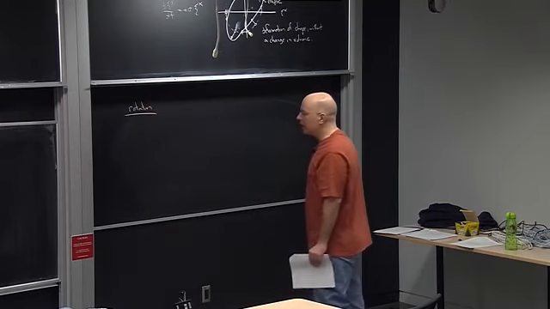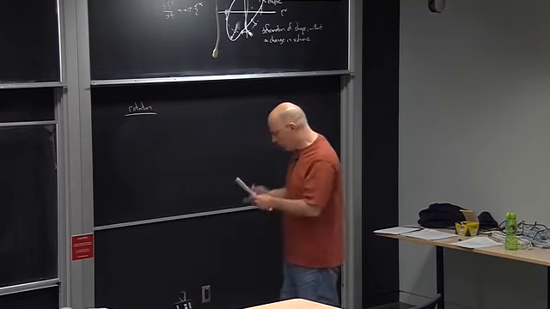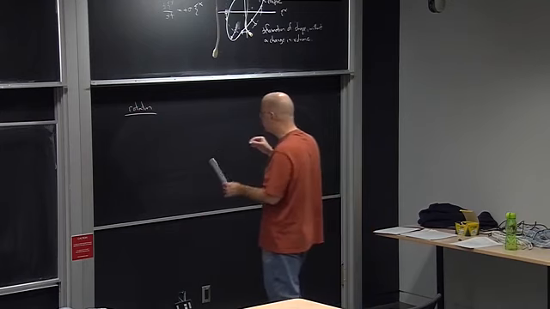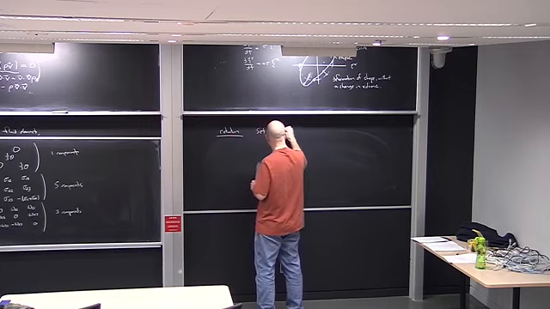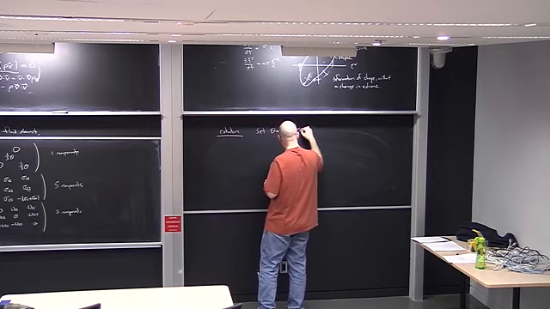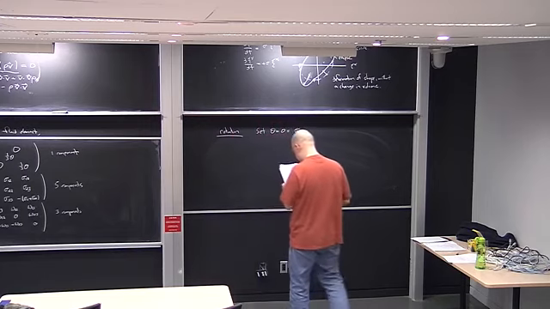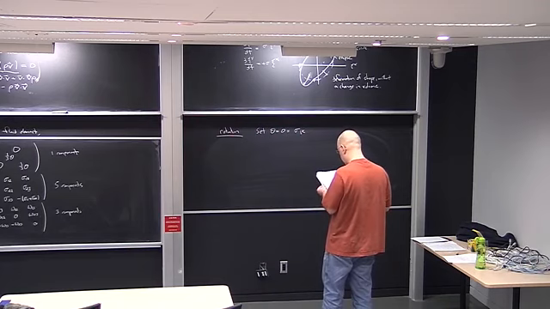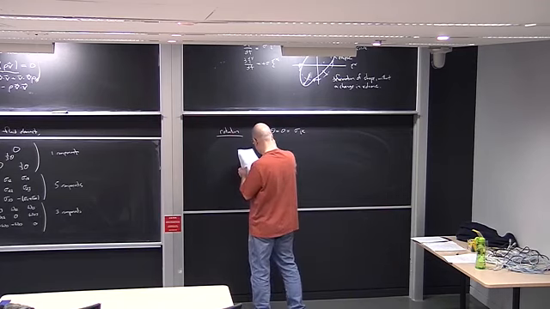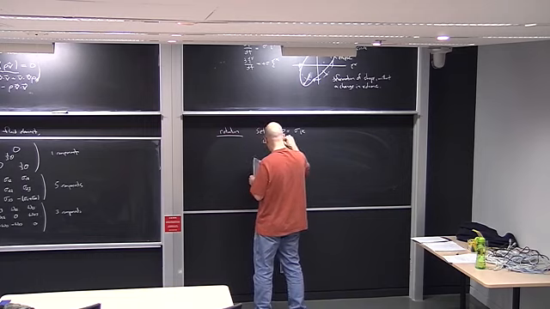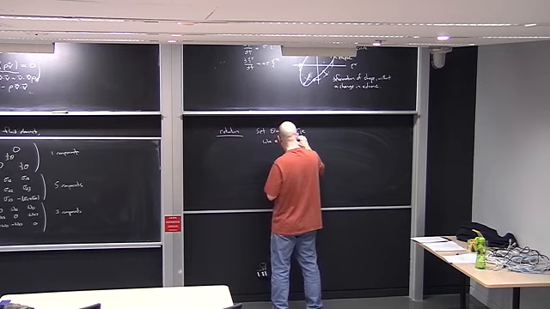The rotation. Here again, I'm going to kill off a whole bunch of components just to simplify things. First of all, we're going to set the expansion equal to 0, and we're going to say now that the shear is equal to 0. So we're going to focus on the rotation. And also, I'm going to take omega 1, 2, which I'm going to call omega, to be the only non-vanishing component.